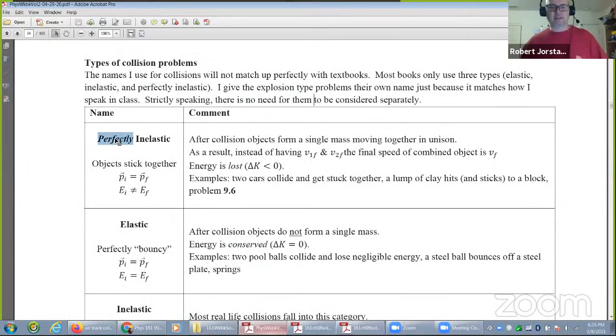Okay, perfectly inelastic is a type of collision where the objects form a single mass moving together in unison. Instead of having separate final speeds, they have one common final speed. Energy is lost. An example would be two cars collide and get stuck together, or a lump of clay hits and sticks to a block, or problem 9.6.